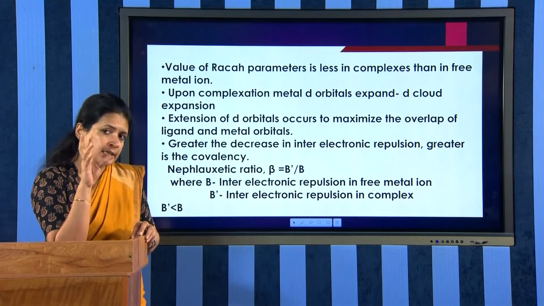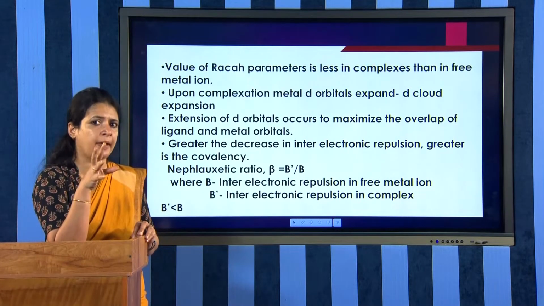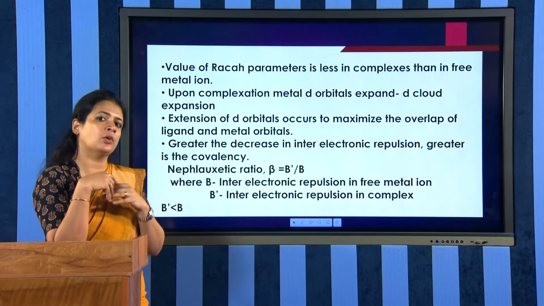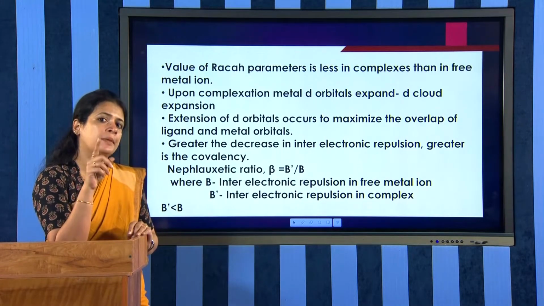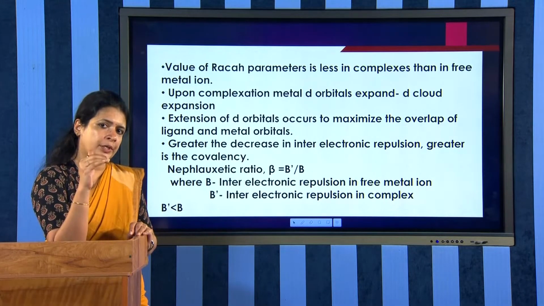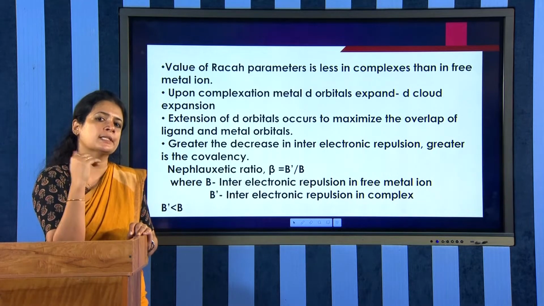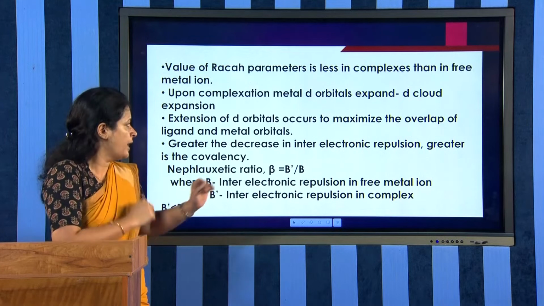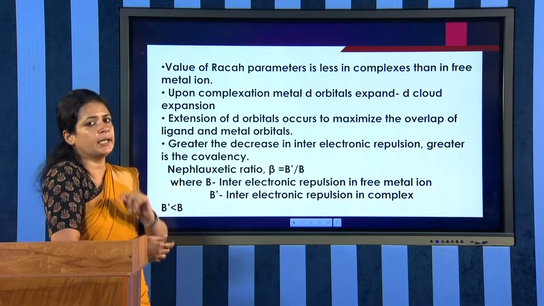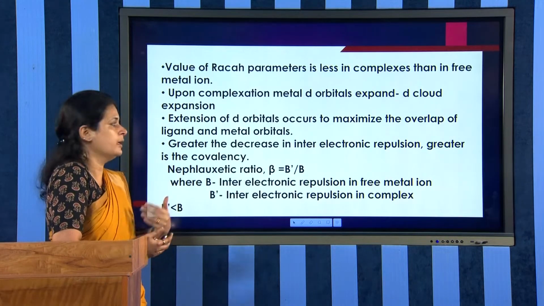To decrease the interelectronic repulsion, what happens? These d orbitals expand to overlap with the ligand orbitals. In that case, the interelectronic repulsion decreases. That is why I have already told that in a complex, the interelectronic repulsion is less when compared to the free metal ion. And when there is a greater decrease in interelectronic repulsion, you can say that the covalent character is greater.